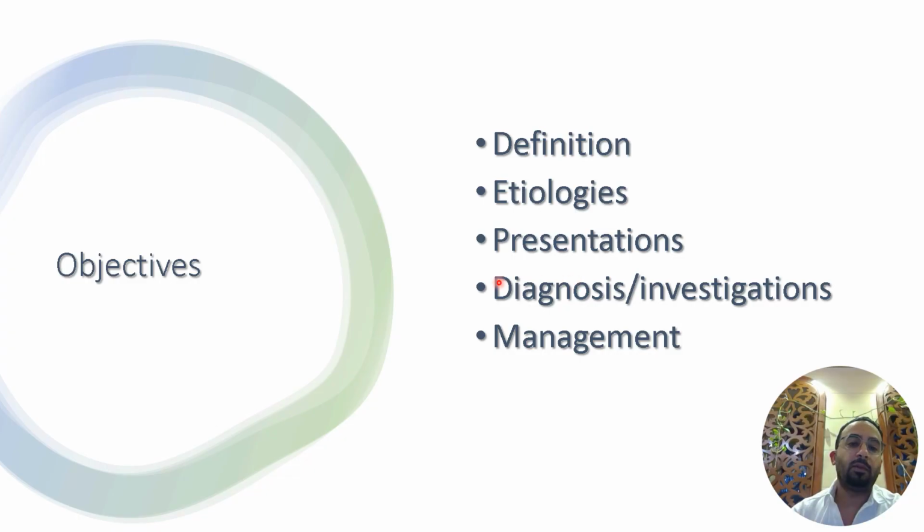So in this lecture, we're going to discuss the definitions of hypopituitarism, etiology of hypopituitarism, and the presentation of hypopituitarism. Importantly, how to diagnose and how to interpret the laboratory investigations in order to diagnose hypopituitarism, and finally, how to manage patients presented with hypopituitarism on the basis of the hormone that was affected.